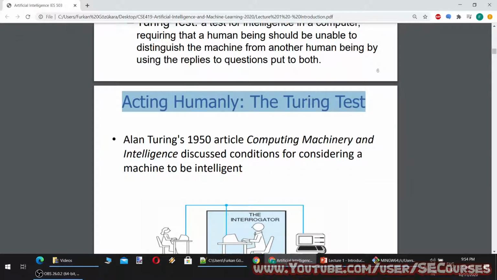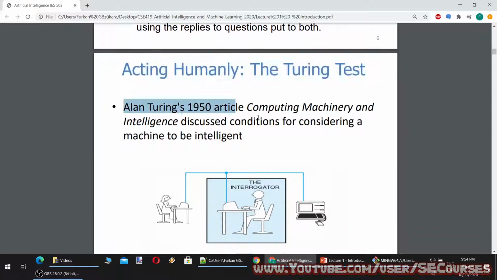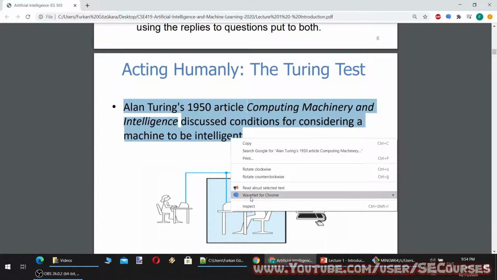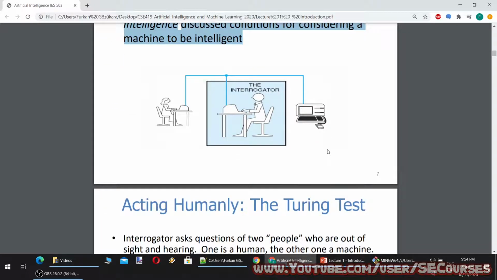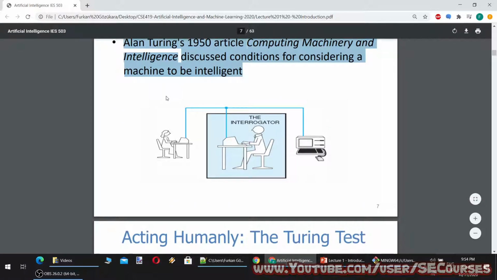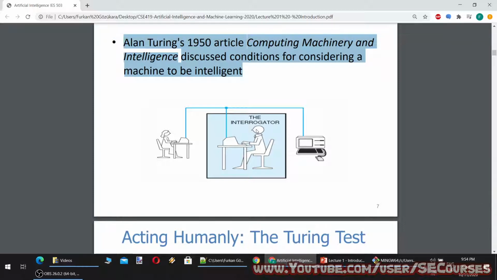Acting humanly. The Turing test. Alan Turing's 1950 article Computing Machinery and Intelligence discussed conditions for considering a machine to be intelligent. So, in such an environment, a person asks both sides questions and gets the answers.